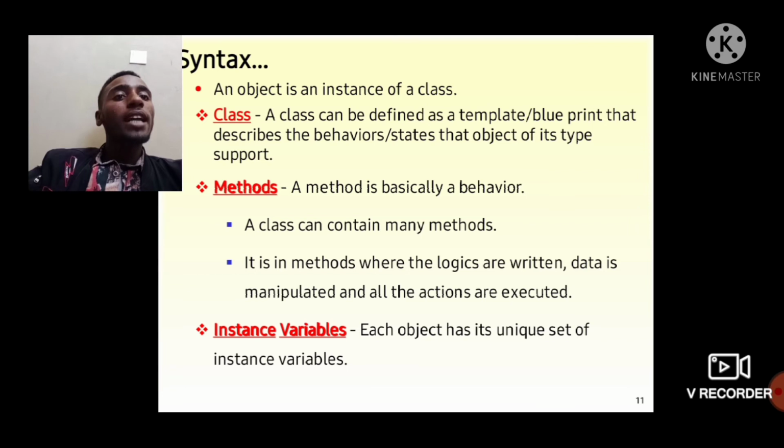A method is basically a behavior. A class can contain many methods. It is in the method where the logic is written, data is manipulated, and all the actions are executed.